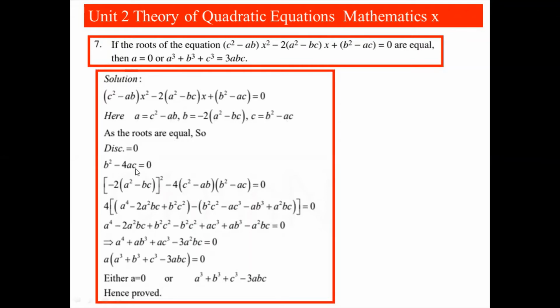So b square minus 4ac is equal to 0. So minus 2 into a square minus bc whole square minus 4 into c square minus ab into b square minus ac is equal to 0.